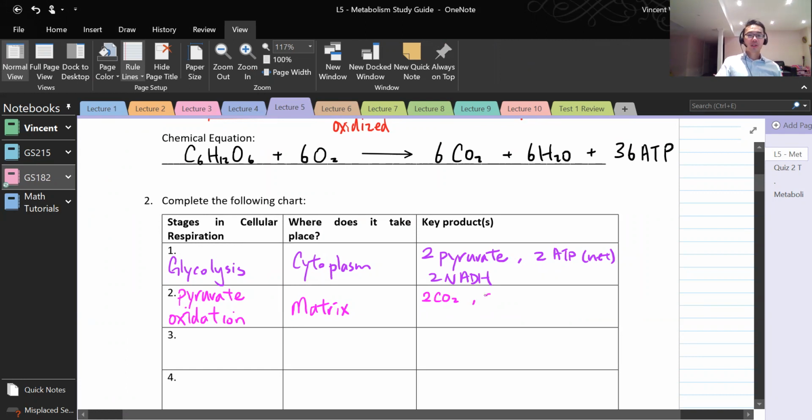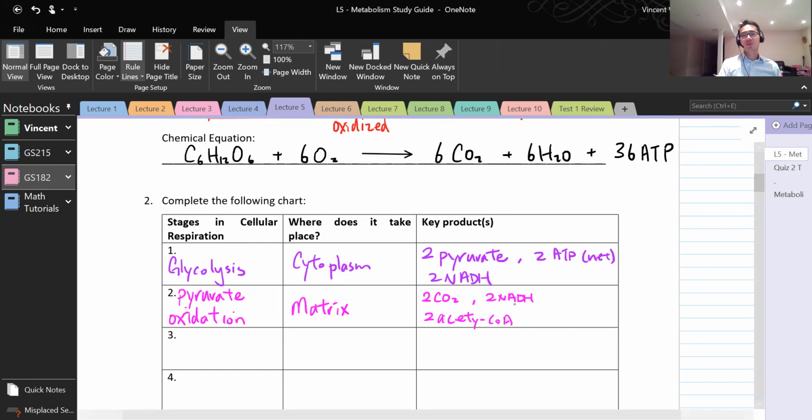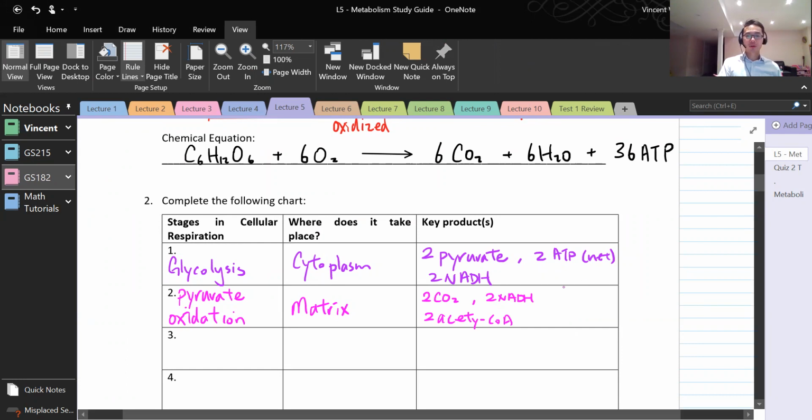We're going to get 2 NADH, and we're going to get 2 acetyl-CoA. Remember, we're adding the coenzyme A to supercharge the molecule so that it is ready for the next step. All right, so I'm just going to put a note here. All this is per glucose.